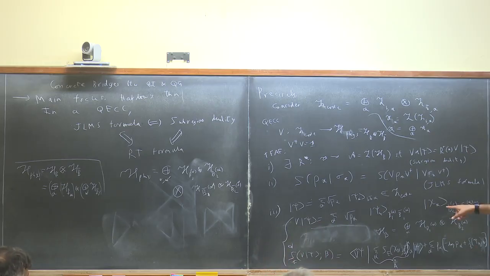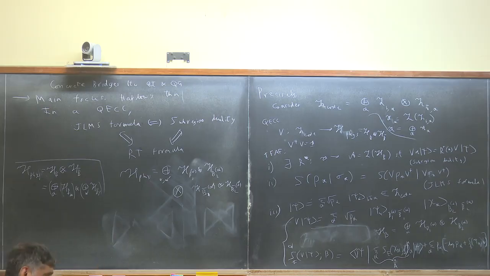The bar means complementary. Let's say we're only interested in gravitons on one side. So we can forget about the bars for a moment. We're only interested in gravitons on the right.